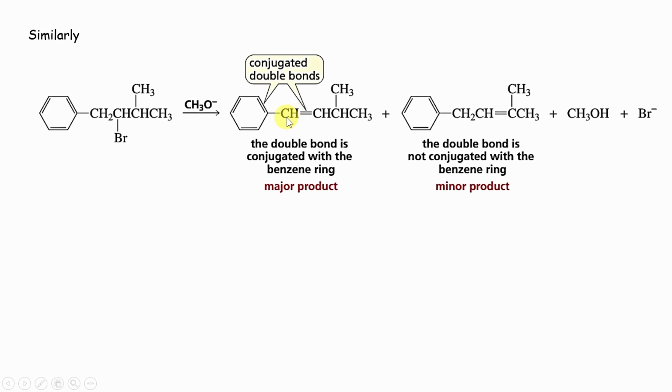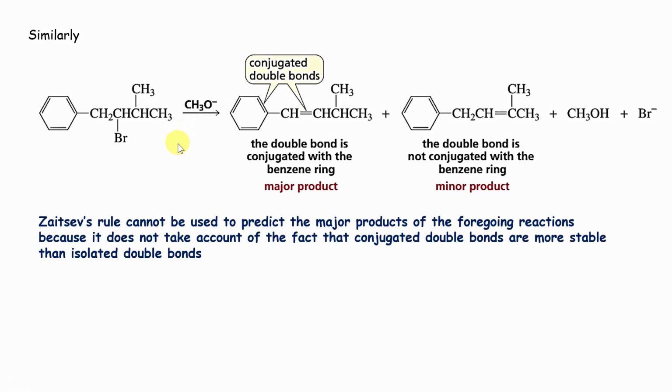You can see double bond, single bond, double bond of the benzene ring, so the double bond is conjugated with the benzene ring. It is obtained as the major product, while this isolated diene, which is not conjugated, is obtained as the minor product. So in this case also the Zaitsev rule is not valid.